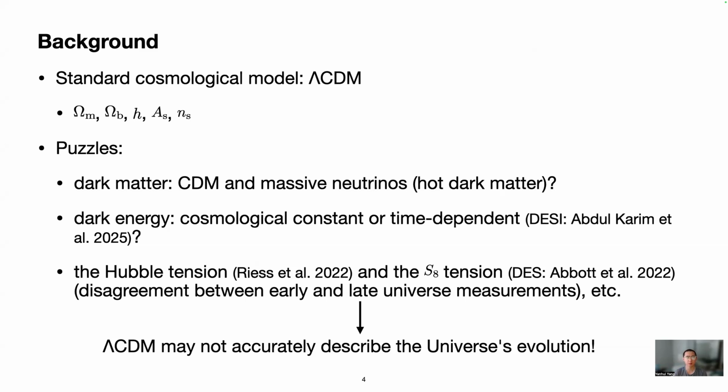And we are not sure whether the equation of state parameter of dark energy is a constant or it evolves over time. And the Hubble tension and the S8 tension are disagreements between the early and late universe large-scale measurements. These problems may indicate that ΛCDM doesn't describe the universe's evolution accurately.